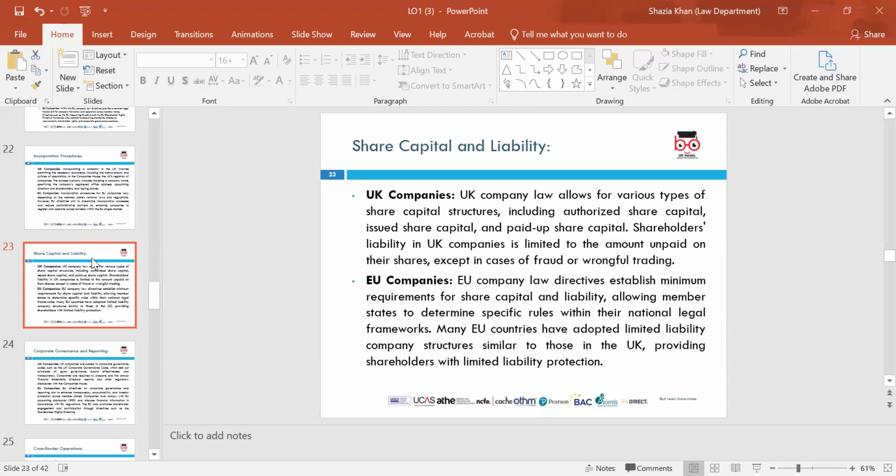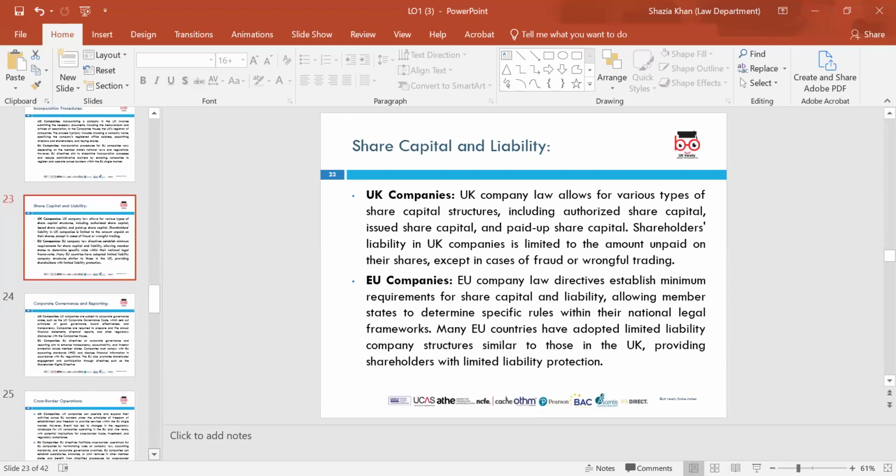Share capital and liability. For UK companies, a UK company allows for various types of share capital structures, including authorised share capital, issued share capital, and paid up share capital. Shareholders' liability in UK companies is limited to the amount unpaid on their shares, except in cases of fraud or wrongful trading.